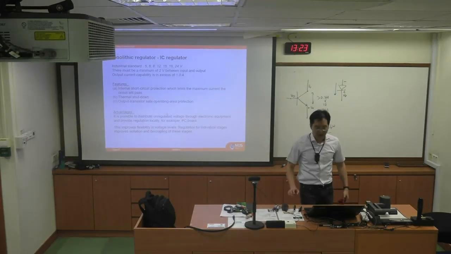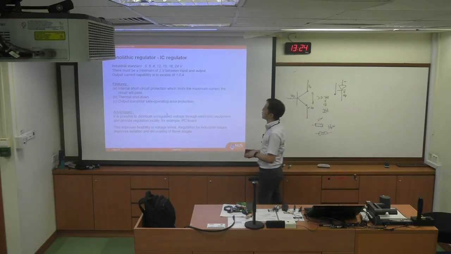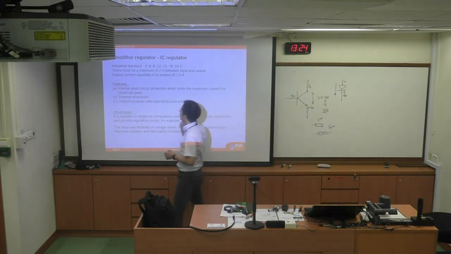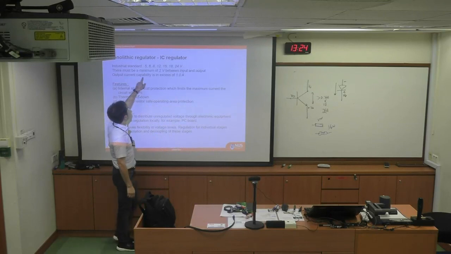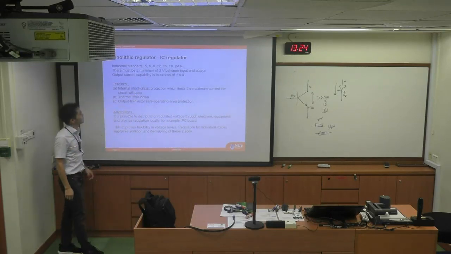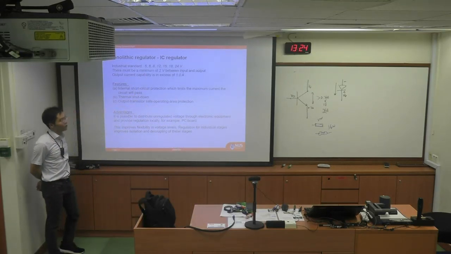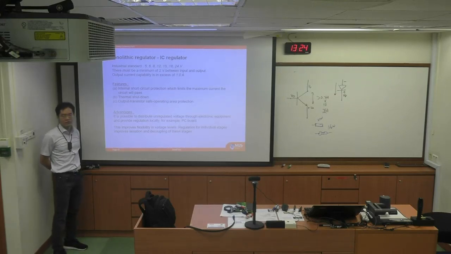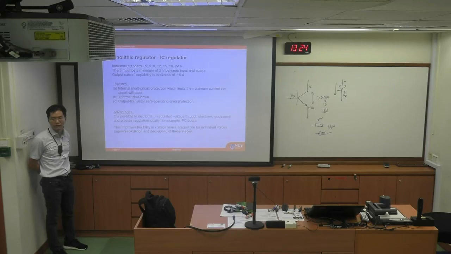Okay, let's take a look at the monolithic regulators, like IC regulators. The industrial standard provides 5, 6, 8, 12, 15, 18, and 24 volts. You might be puzzled, why do we need such high voltage regulators when we still use 3.3 and 5 volts?